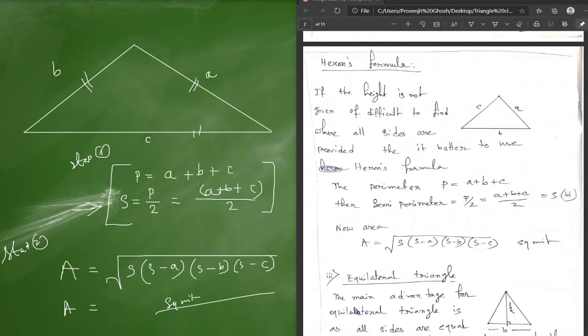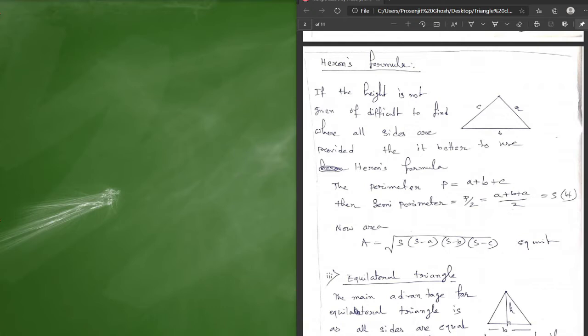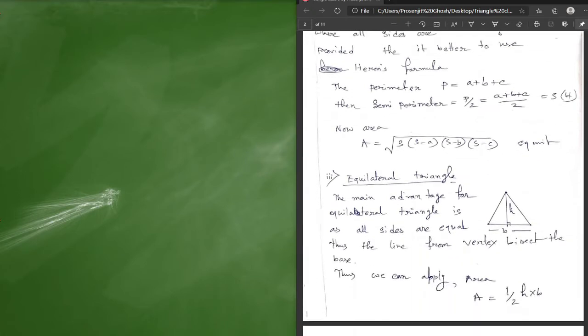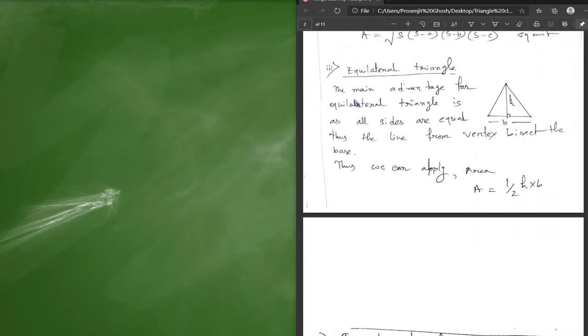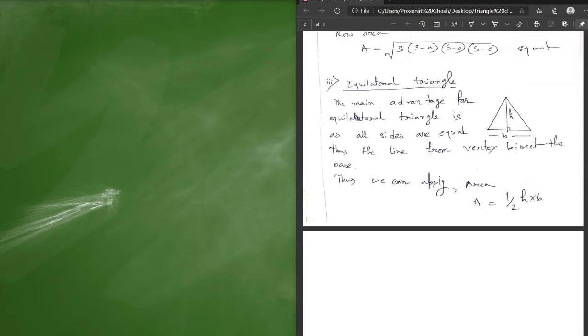Okay. Now there are two more triangles that we have to learn, the isosceles triangle and the equilateral triangle. For the equilateral triangle we have some advantage. Why? Because we know that each of the sides of an equilateral triangle is equal to the others, right? So that is the big advantage.